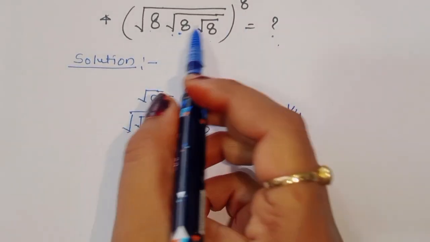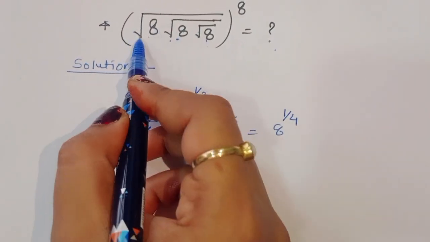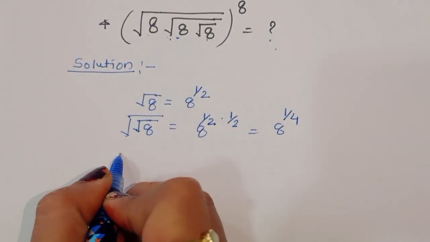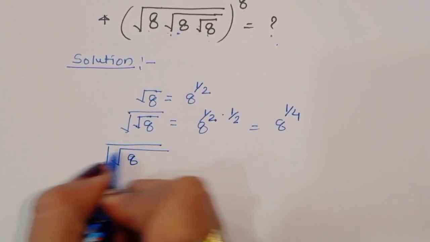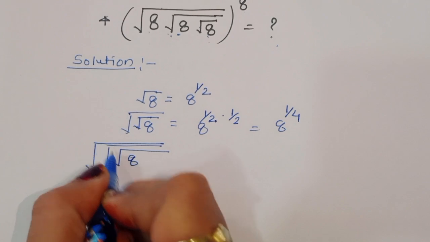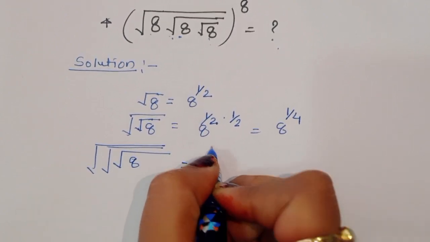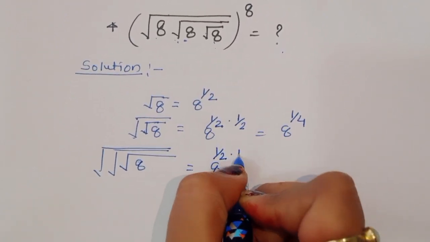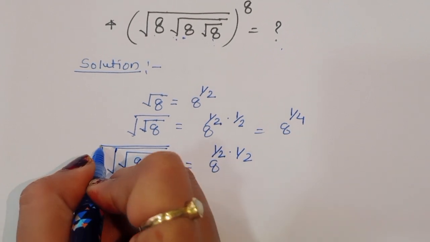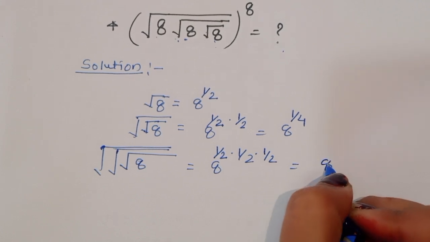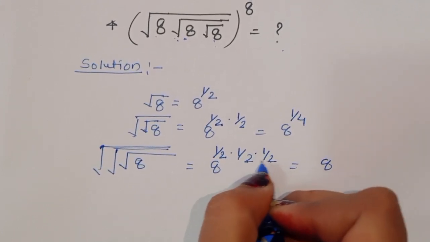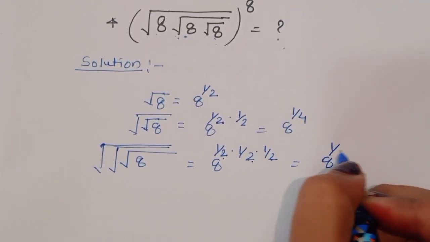In the next term, with three square roots, we get 8 power 1 by 2 times 1 by 2 times 1 by 2. 2 fours are 8, so it is 8 power 1 by 8.